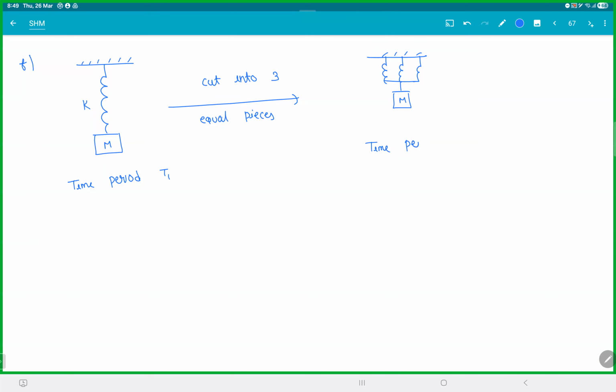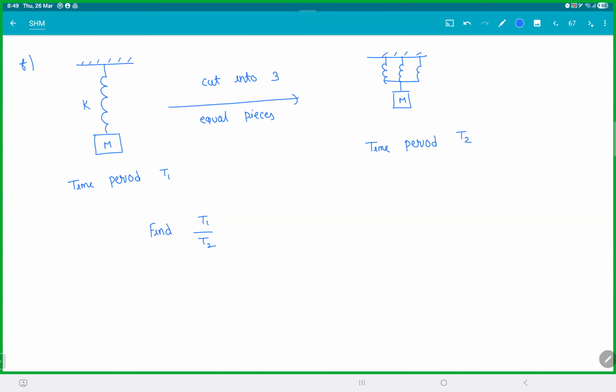Find t1 by t2. Yeah, easy one. Try 30 seconds more.